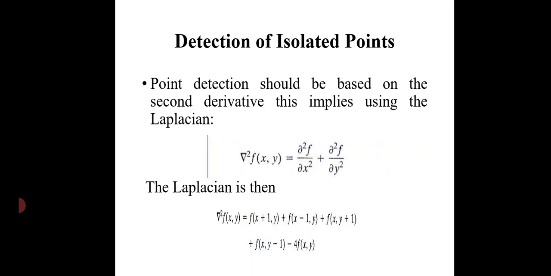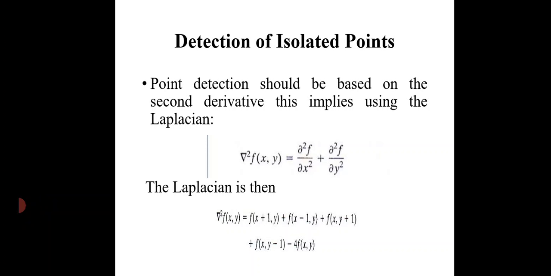We know that point detection should be based on the second derivative. That implies using the Laplacian, that is, del square f of x,y equals del square f upon del x square plus del square f upon del y square, where the partials are obtained using del square f upon del x square equals f of x plus 1, y plus f of x minus 1, y minus 2 f of x,y.